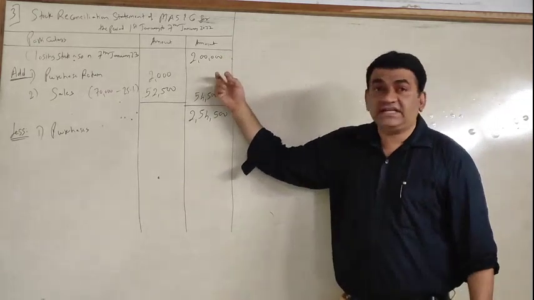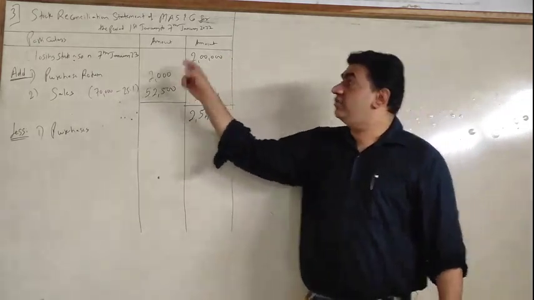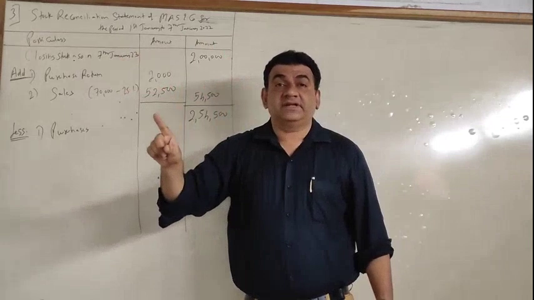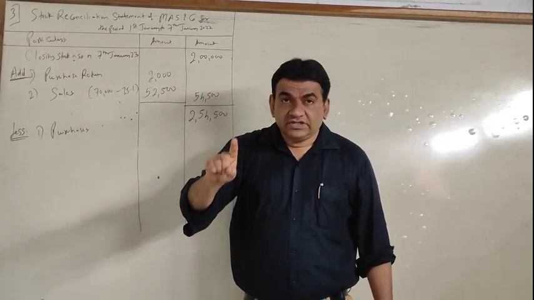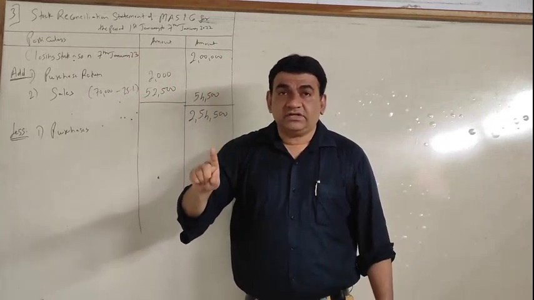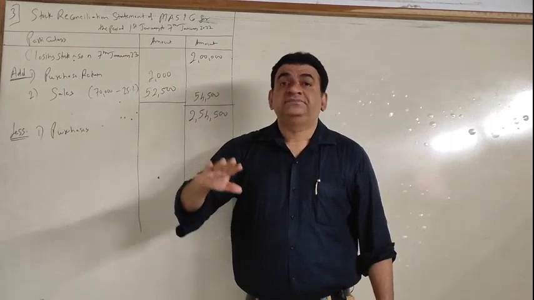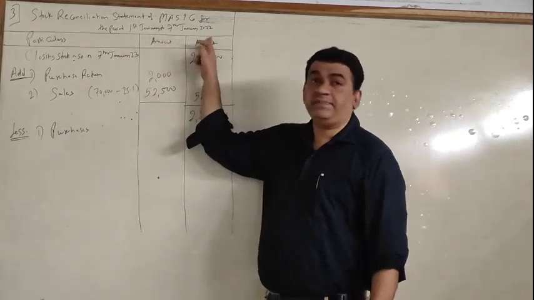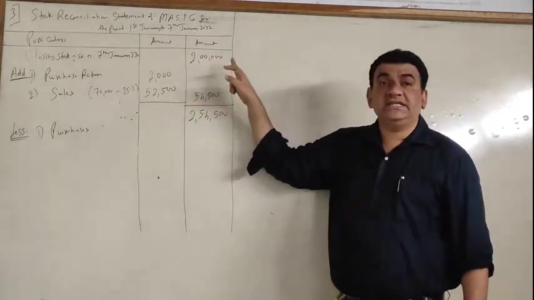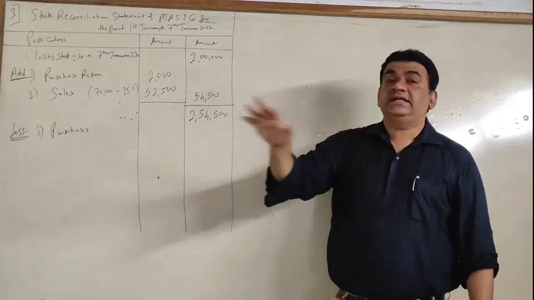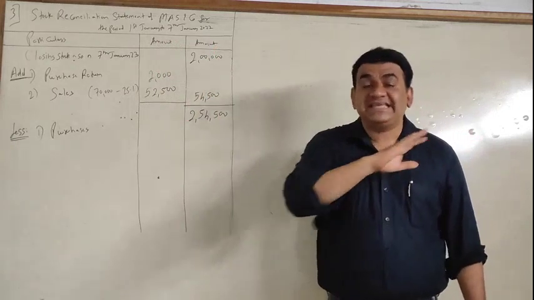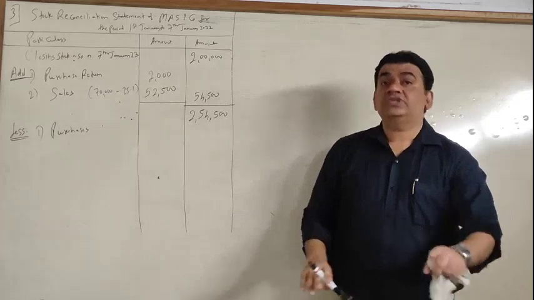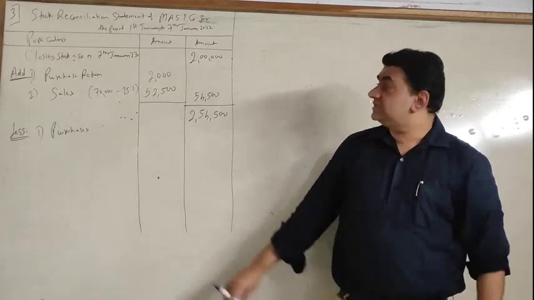I don't want the stock of 7th Jan. I want stock on 31st December. Should I have this goods with me on 31st December? No. I purchased in this period, so it is included in this 2 lakhs. On 31st December I did not have this. I did not buy, so I don't want it on 31st December.